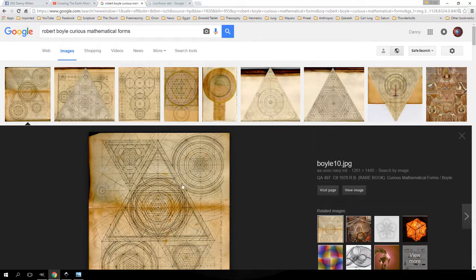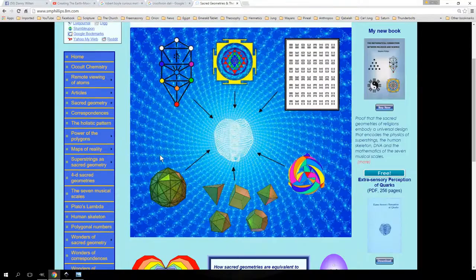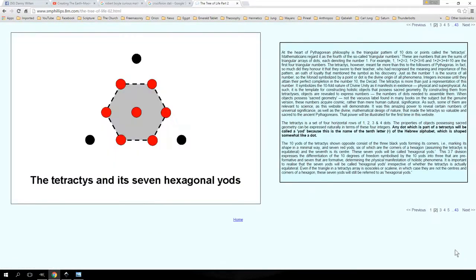So, also in combination with looking at Boyle, I've been looking a lot at Stephen Phillips on the SM Phillips site. So we go there real quick. And we take a look, for example, at sacred geometry, and we take a look at the Tree of Life. And we see the Tetractys all of a sudden.